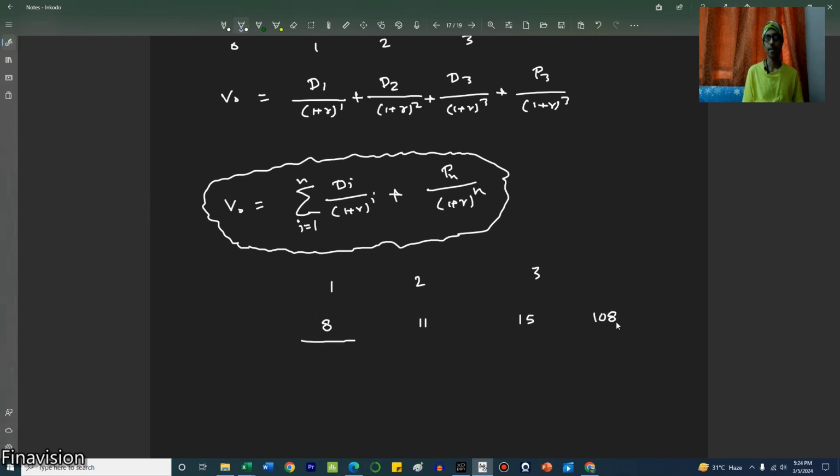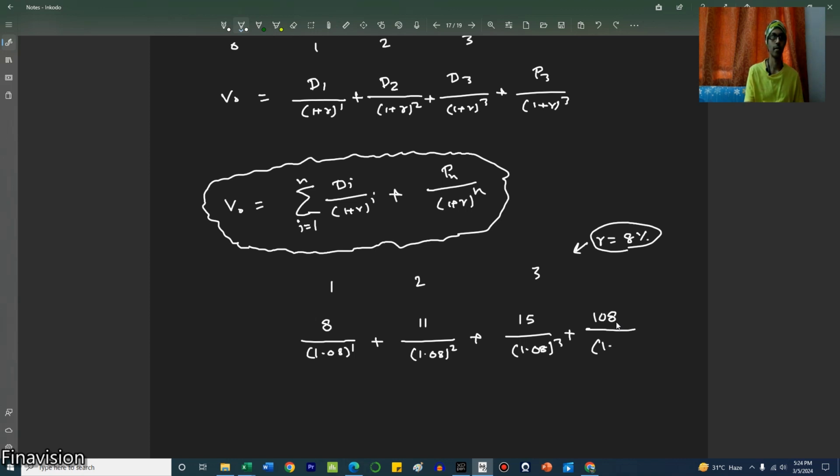So this becomes 8 by 1.08 to the power 1, because it is 1 plus r to the power 1, plus 11 by 1.08 to the power 2. So r is equal to 8%, let's say here, plus 15 by 1.08 to the power 3 plus 108 by 1.08 to the power 3. This is going to be your value at t equal to 0, right?